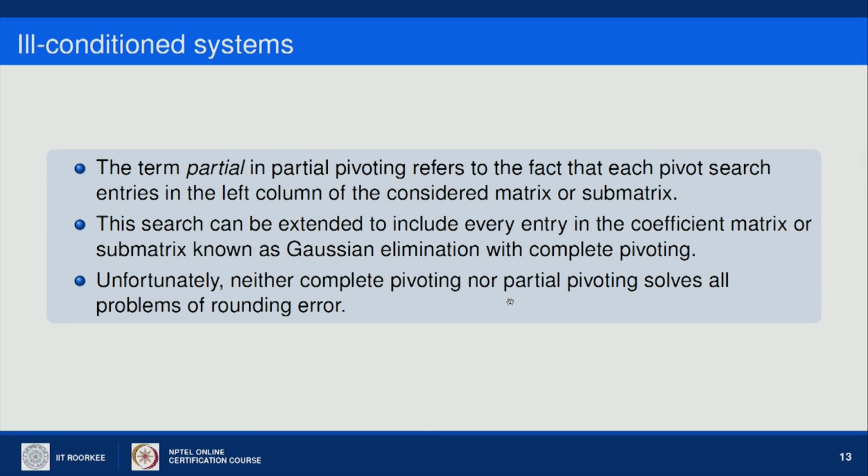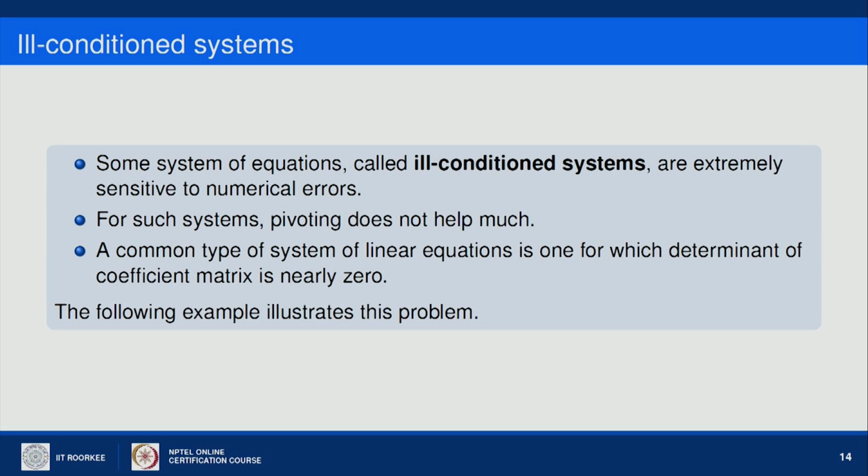Unfortunately, we have some systems where we cannot solve the system of equations using either partial pivoting or complete pivoting. Now, I will talk about some of those systems. First of all, I will take the systems that are called ill conditioned systems.